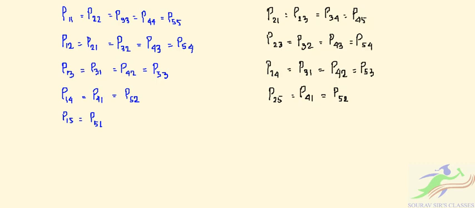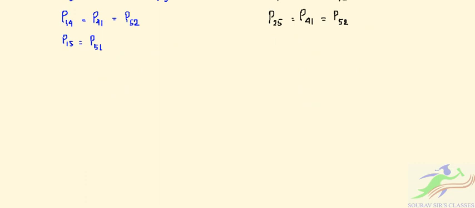Okay, now we write for the elements of row 3. P31 will be equal to P35. P32 is equal to P34, which is equal to P45.